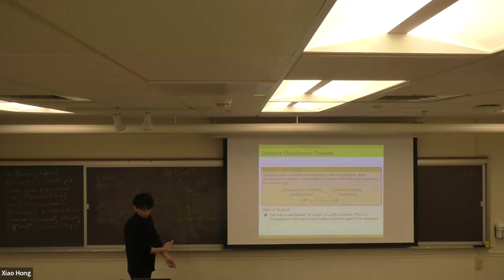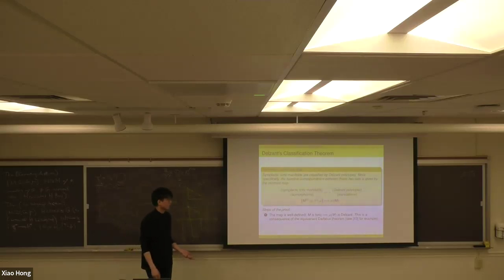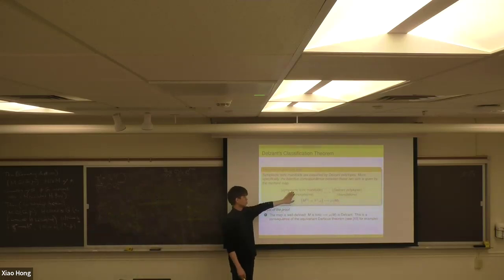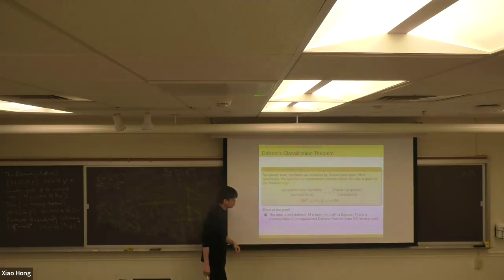And the proof of this theorem is in three steps. The first is to say this map is well defined, which is to say for each symplectic toric manifold, its image is indeed a Delzant polytope.